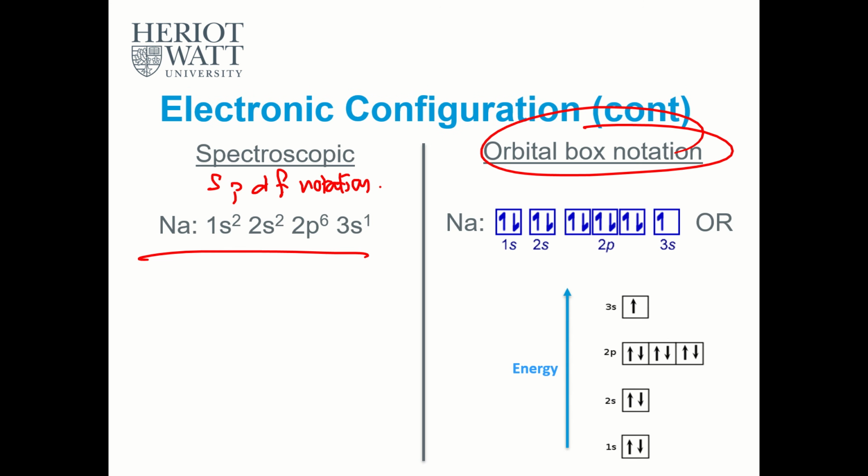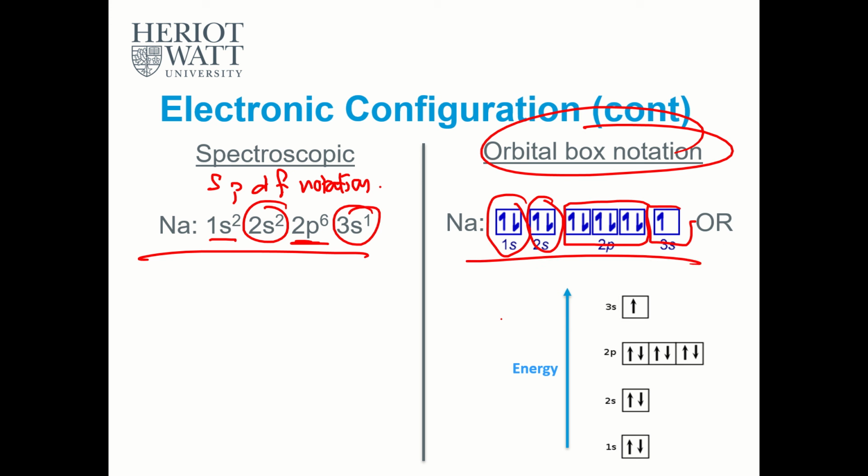So different orbitals will have different orientations, and different orientations will have different number of boxes. So the same thing basically, 1s2, you represent it by a box. 2s2, represented by a box. 2p6, I have 3 boxes. And 3s1, represented by 1 single box, because s orbital. And each box should have a pair of electrons, if any, and these pair of electrons should have different spin state.